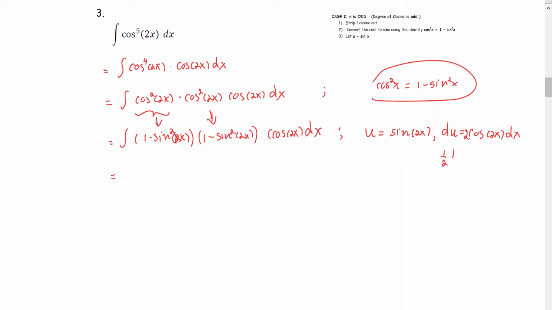That gives us 1/2 of du equals cosine of 2x dx. Now we're going to replace the sine and the cosine with the u and du expressions. We have the integral of 1 minus u squared multiplied by 1 minus u squared multiplied by 1/2 of du.